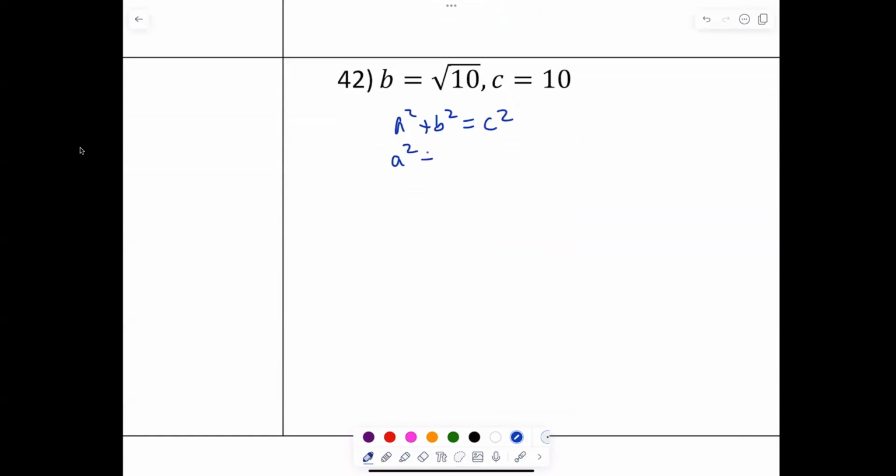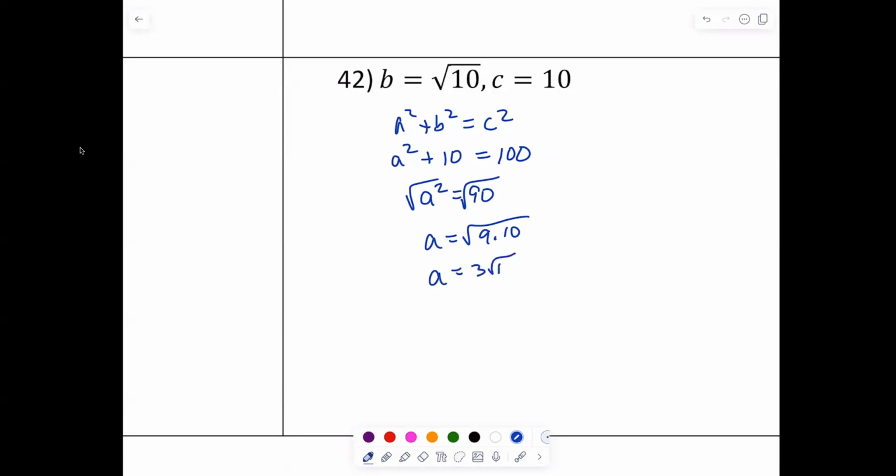A squared plus 10 equals 100. A squared equals 90. And then we break down the square root of 90. Everybody good with 3 radical 10?